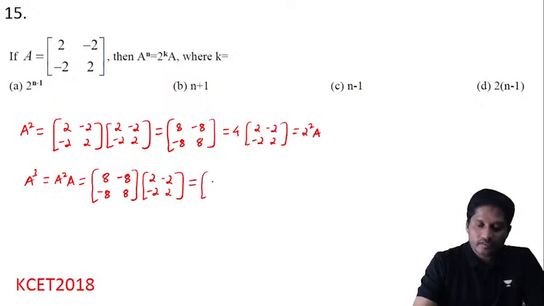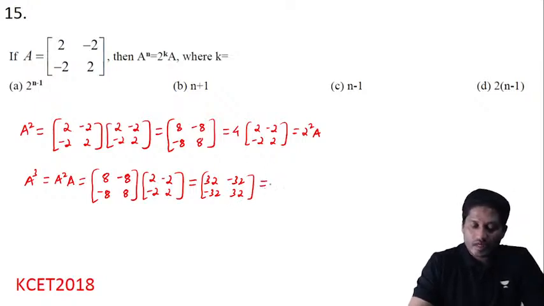Equal to matrix 32 minus 32 minus 32 and plus 32, which is equal to, if I take 16 out, 2 minus 2 and plus 2. 16 is 2 power 4 times matrix A.